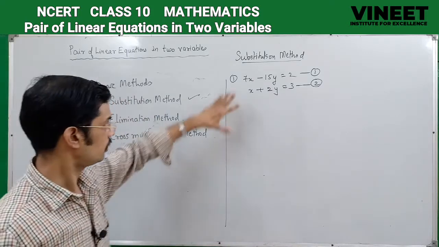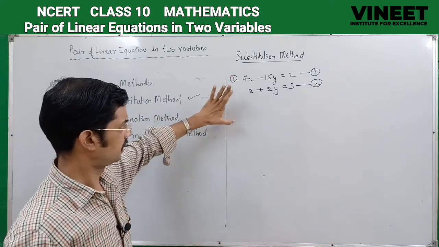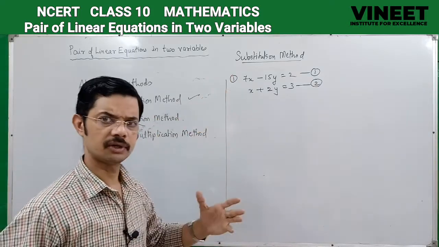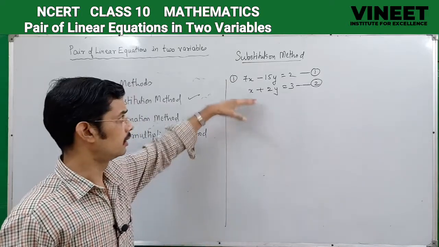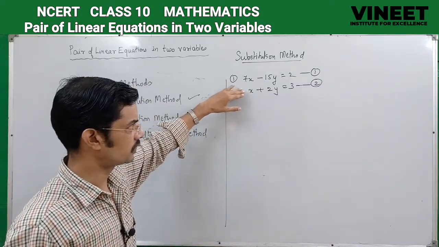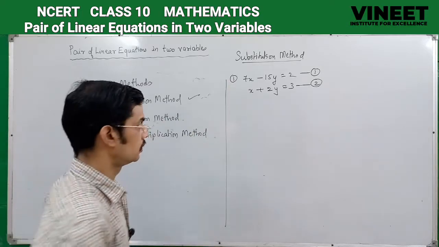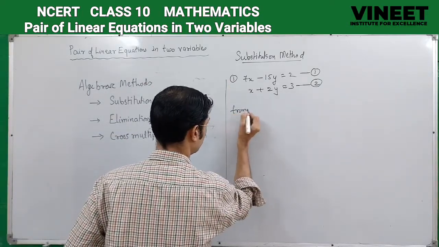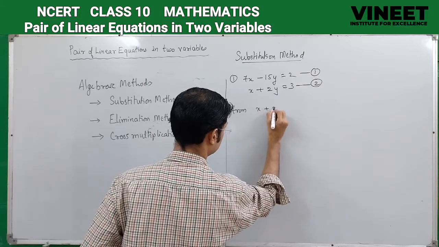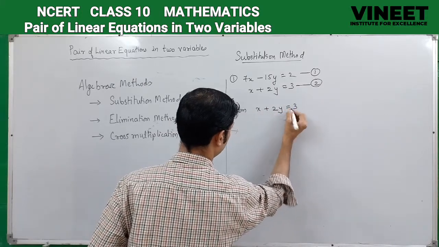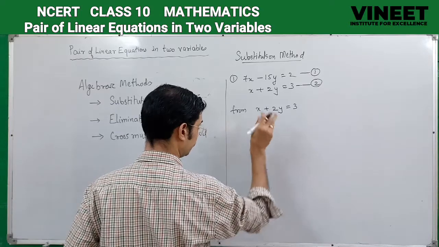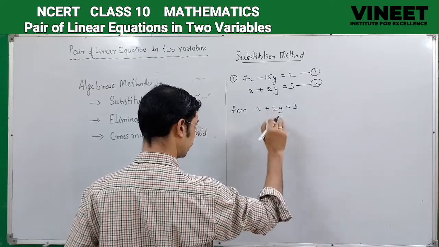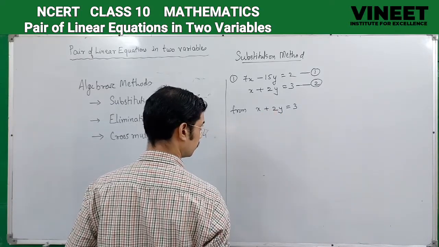Now I will consider any one of the equations which appears more simple, and it happens to be equation number 2. So from x plus 2y equal to 3, I will express either x or y in terms of the other variable.